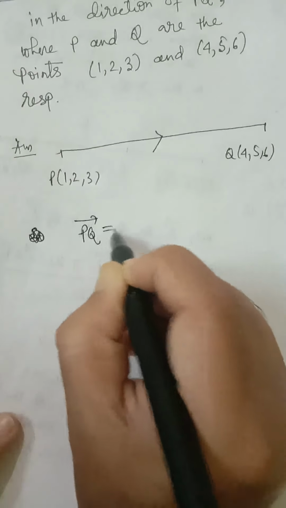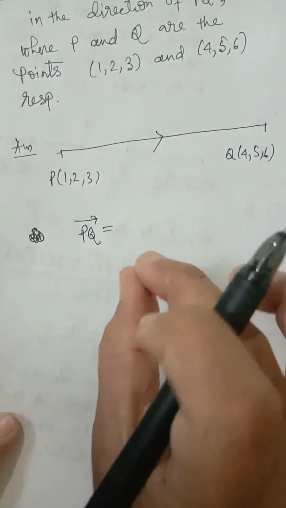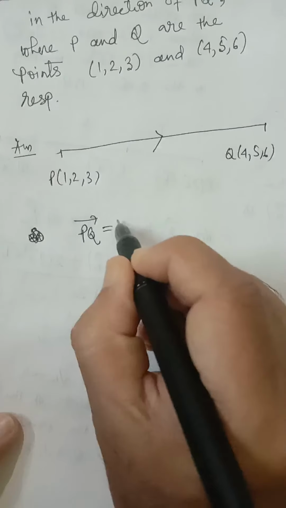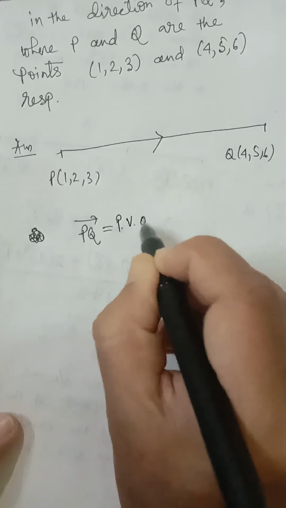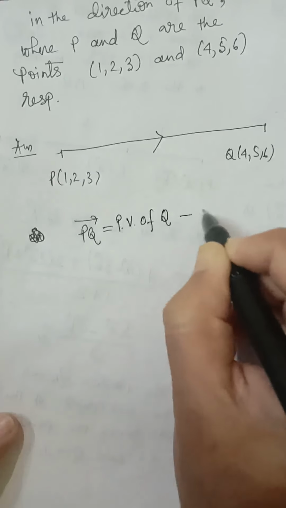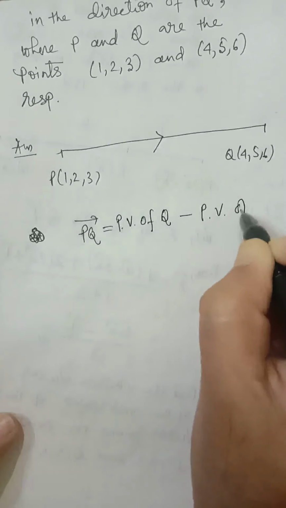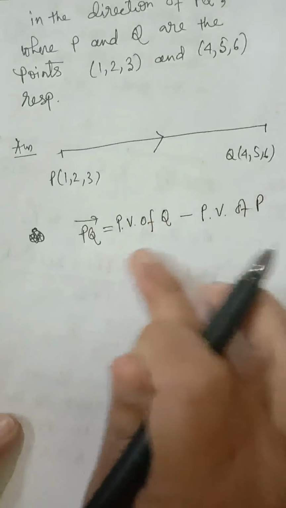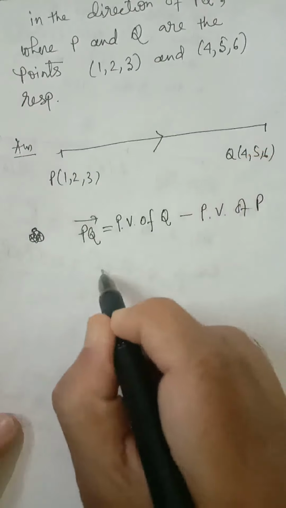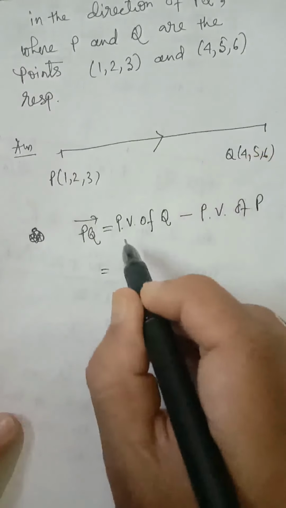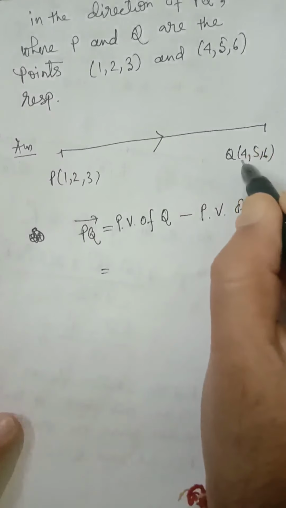PQ vector means, in the last class we got PQ vector equal to position vector of Q minus position vector of P. Now what is position vector of Q? Coordinates of Q are 4, 5, 6.